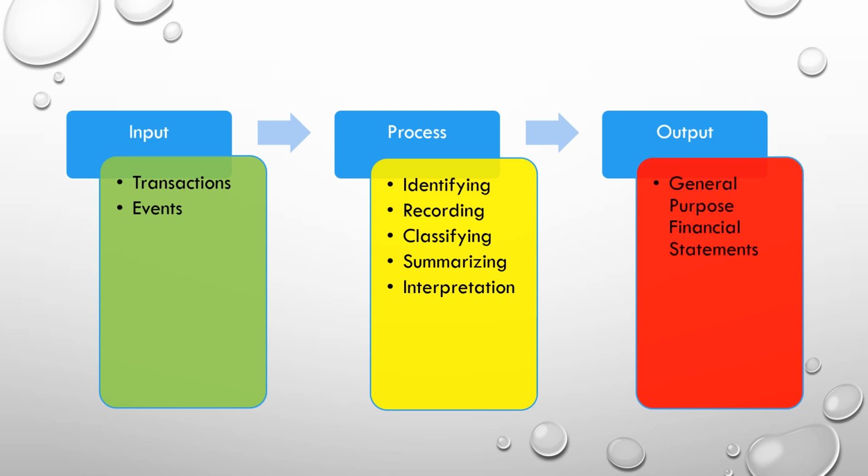General purpose financial statements are the key output of the financial accounting process, which includes the statement of financial position, statement of profit or loss and other comprehensive income, statement of cash flows, statement of changes in equity and descriptive notes. So this is what we call the financial accounting process. In the next part, we are going to talk about these processes in detail.